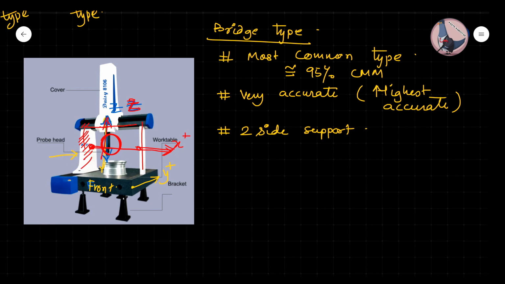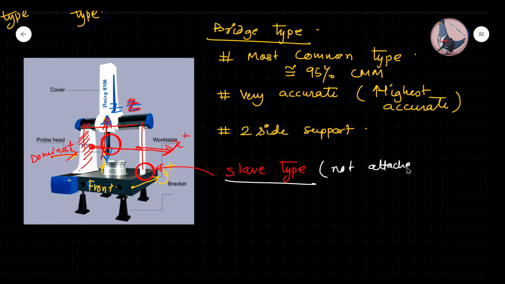So this is called the dominant side, and this is called the slave side. So what happens in reality is that this slave side is not attached to the structure. In fact, it is floating.